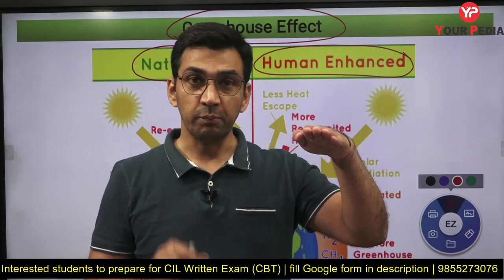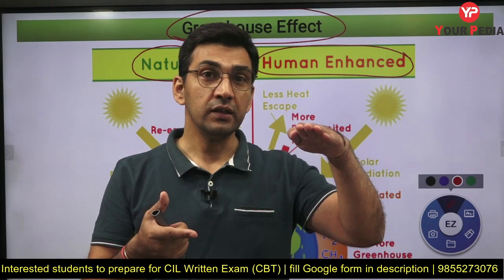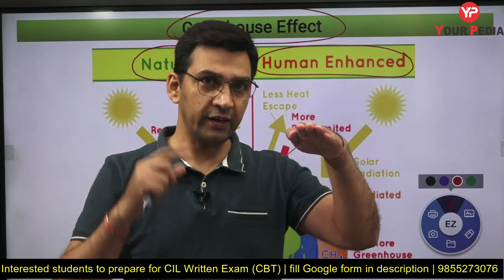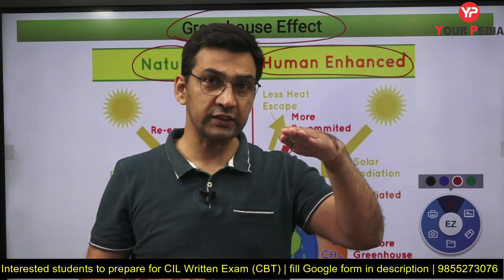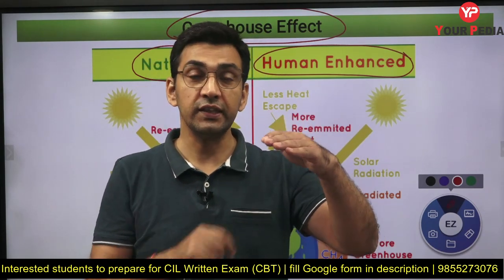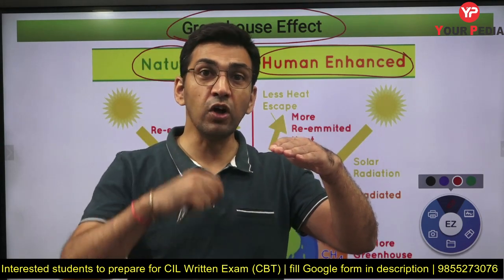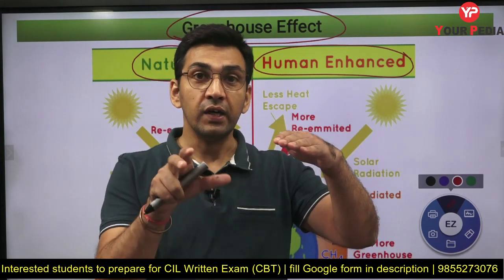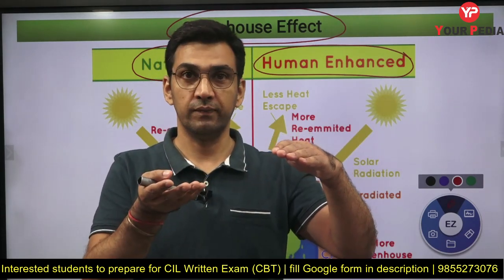But when the Earth gets heated up, it will generate long-wave infrared radiation. When this radiation starts going out of the Earth's atmosphere, the greenhouse gases will block it and not allow it to escape. When it is not allowed to escape, the overall temperature of the Earth's atmosphere will go up.